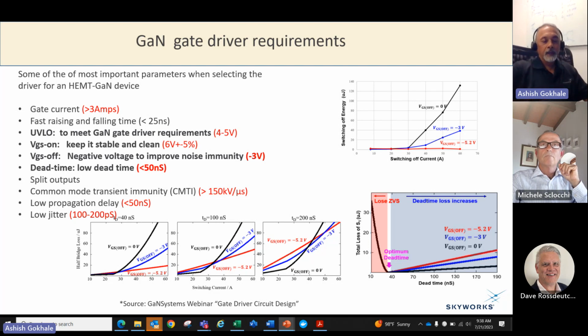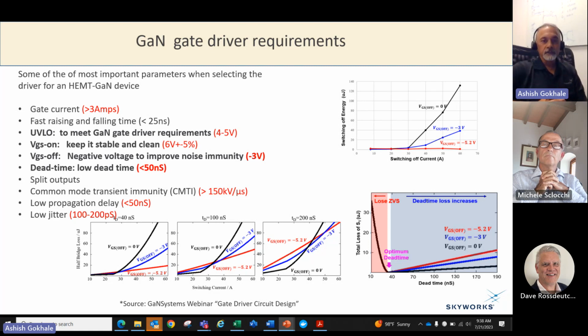And last but not least would be the timing characteristics. We're talking about latency, jitter, as well as dead time specifications. These specifications need to be tight as well as low as possible, by which I mean the delays and the jitter should be as low as possible.